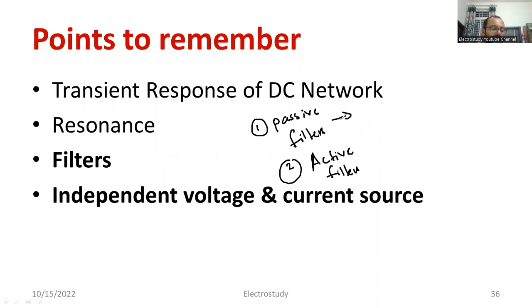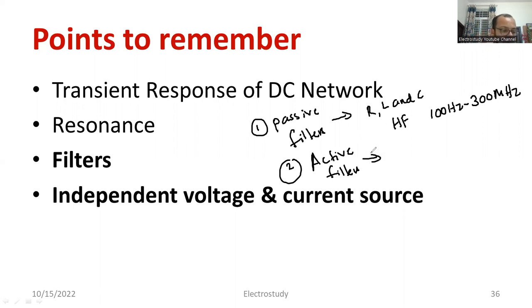In case of passive filters, R, L and C components are used. It is suitable for high frequency application, usually in the range of 100 Hertz to 300 megahertz.